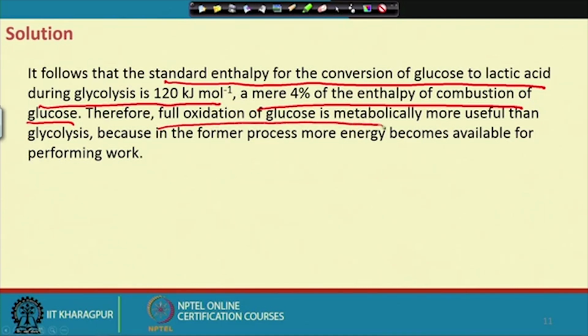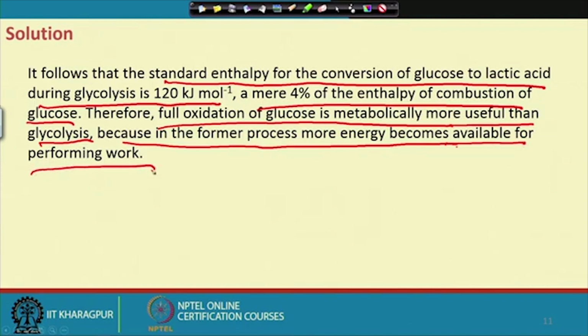Therefore, full oxidation of glucose in metabolism is more useful than glycolysis, because the former is a more energetic process, and more energy becomes available for performing work. So from an energy point of view, glucose to carbon dioxide and water is more attractive compared to glucose to lactic acid.